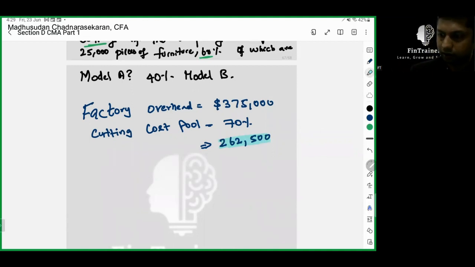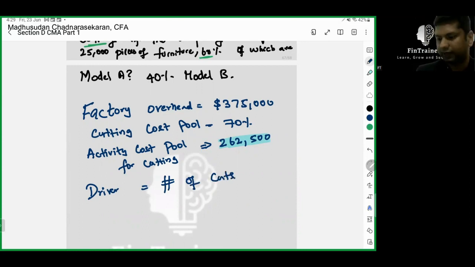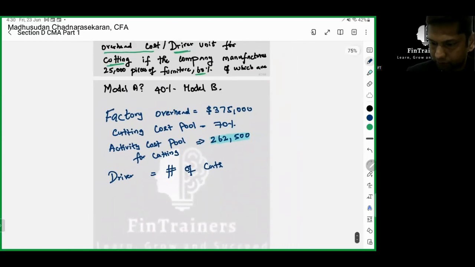So this is the activity cost pool for cutting. If we divide, what is the driver for us? Cuts. If we divide this by the number of cuts, we will get the cutting cost per cut. So the number of cuts we have to see.